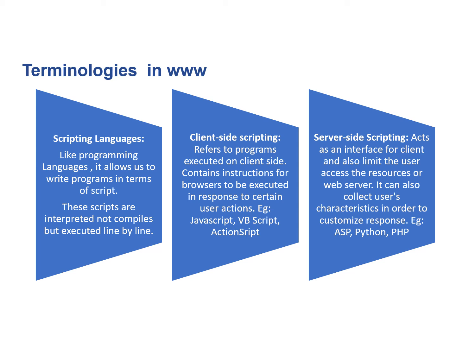Then server-side scripting acts as an interface for the client and also limits the user's access to the resources of the web server. It can also collect users' characteristics in order to customize responses. Examples are Python, PHP, ASP, etc. So these are the scripting languages associated with the World Wide Web. They can be categorized into two: client-side scripting and server-side scripting.